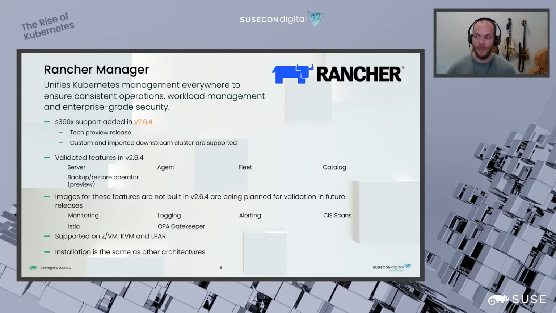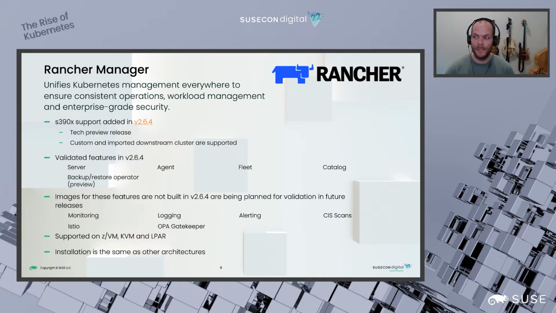The things that we have not built for in the 2.6.4 release that we are planning on building out and validating in the coming months are monitoring. This would be your Prometheus and Grafana underneath. Logging outside of just the standard Kubernetes logging, which you do get, but any additional logging through the Banzai Cloud logging operator hasn't been ported yet.